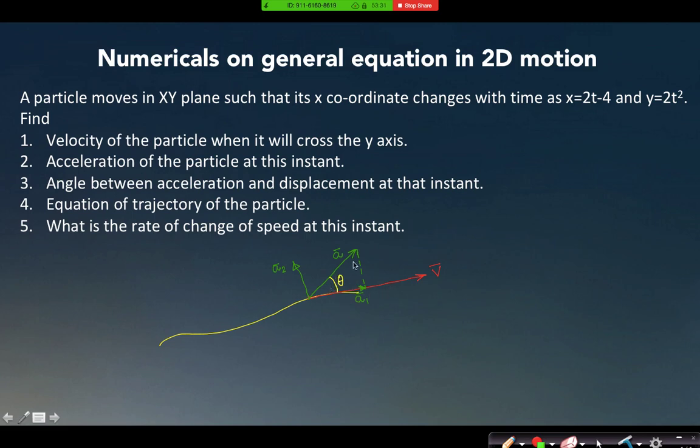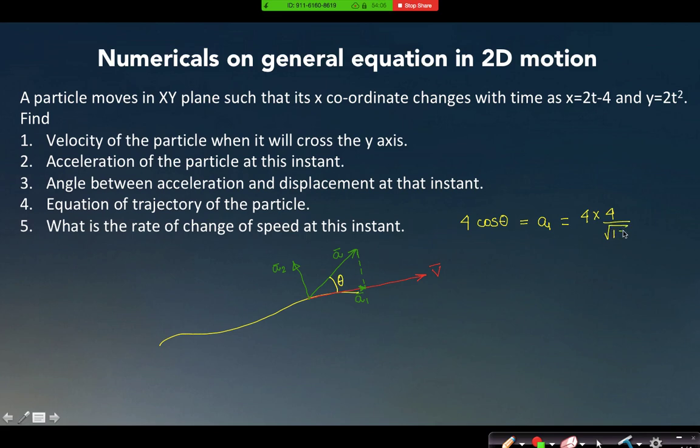Which component of the acceleration is responsible for changing the magnitude of the velocity? A1, along v. The component that lies along v can only change the value of v. If I have acceleration 4 and cos theta, that is the a1 value: 4 into cos theta.